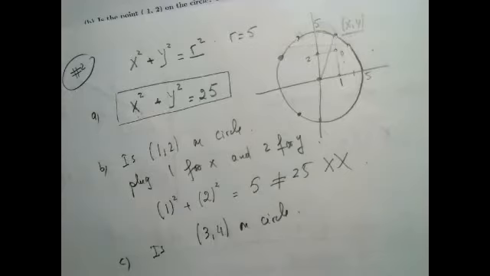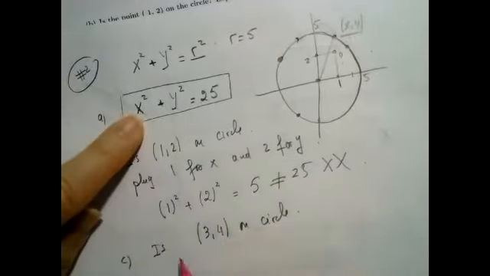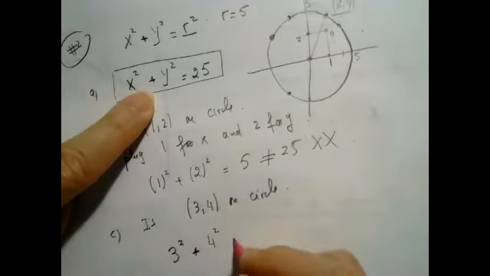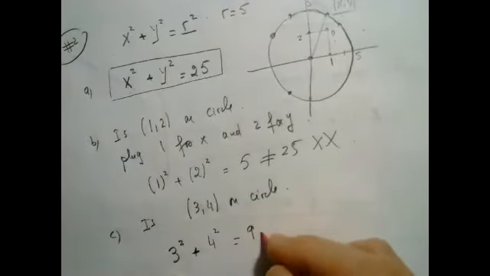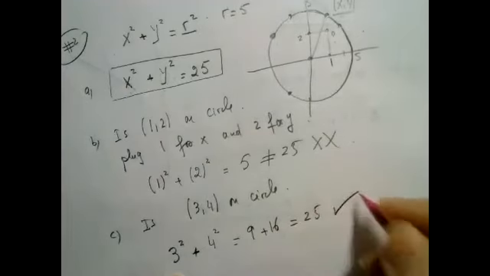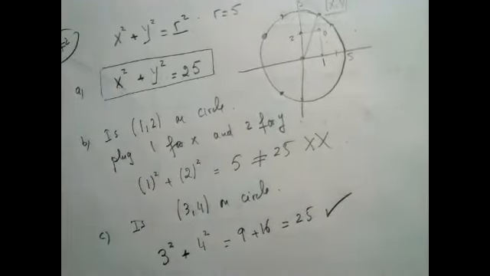Yes or no? I give you a minute. So Tim tells me yes, because I'm going to do exactly the same thing. I'm going to plug in 3 for x and 4 for y, and I evaluate. That's going to give me 9 plus 16. This is equal to 25. It means the point is on the circle.